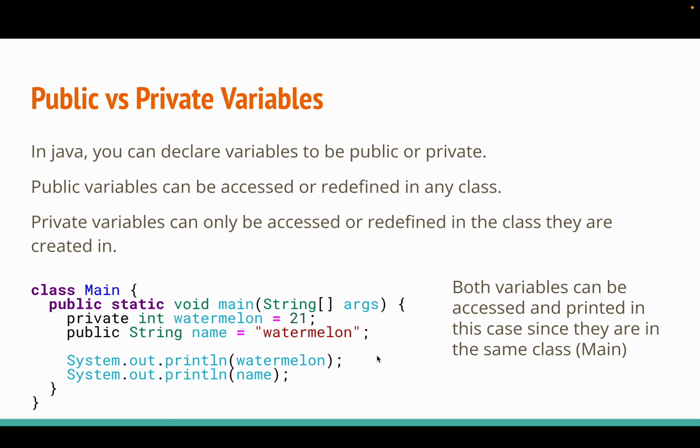You can print both of these out, and both of these can be accessed and printed because we're in the main class. But if we went into another class, say I go into class banana, and I try to access String name, then sure, I can print it out. But if I try to access int watermelon, then it'll throw an error because it's private and so I can't access it outside of the class.